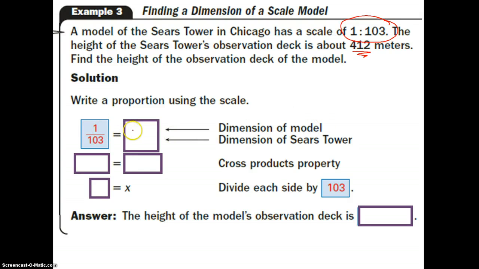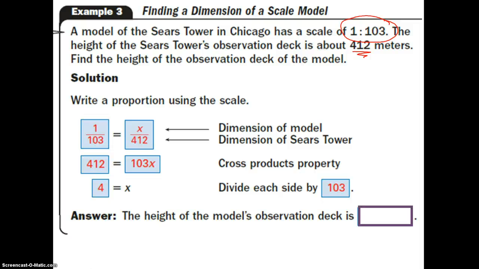So we want to put the 412 in the denominator because that's the actual height of the observation deck. Do your cross products. Divide 412 by 103, x equals 4. So the height of the model's observation deck is 4 meters.